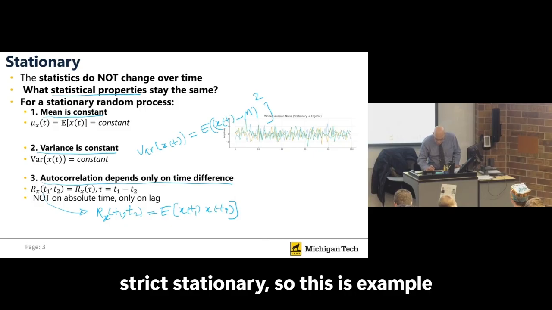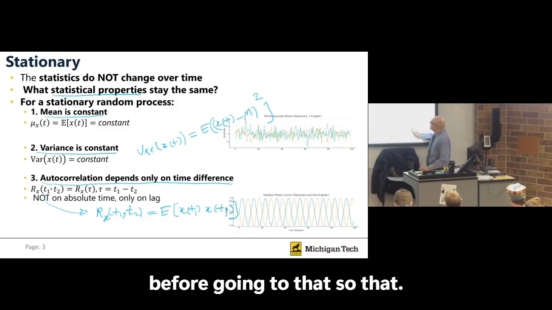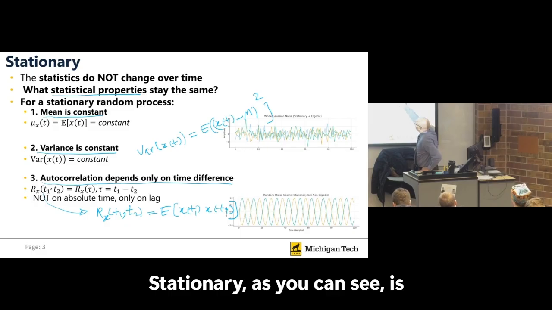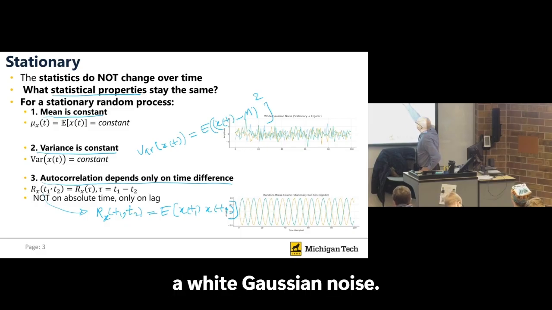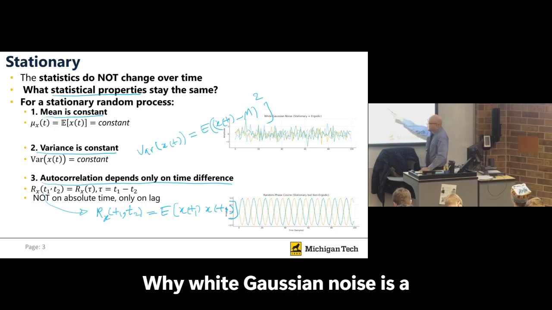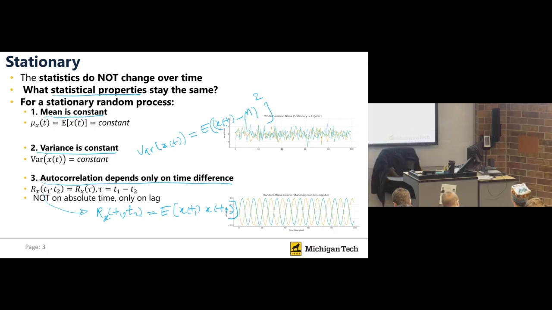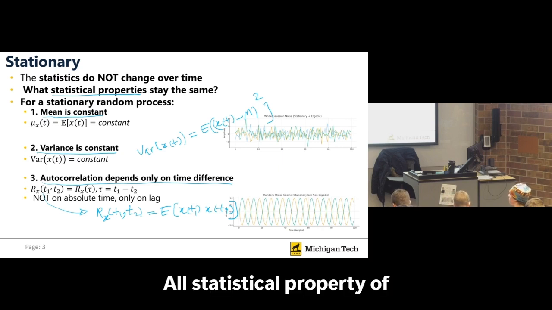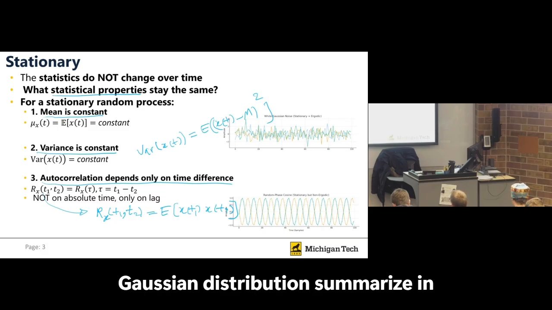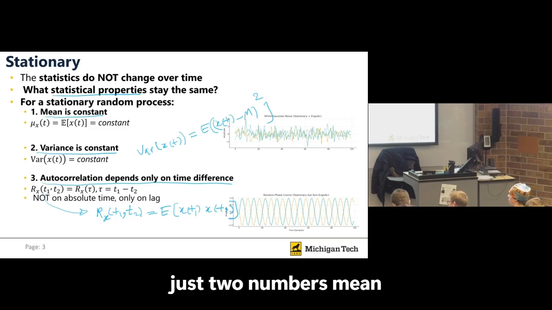So this is an example before going to that. The stationary example, as you can see, is white Gaussian noise. Why is white Gaussian noise stationary? Because all the statistical properties of the Gaussian distribution are summarized in just two numbers, mean and covariance or variance.